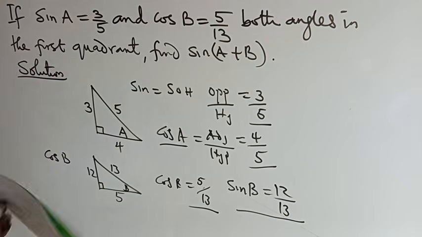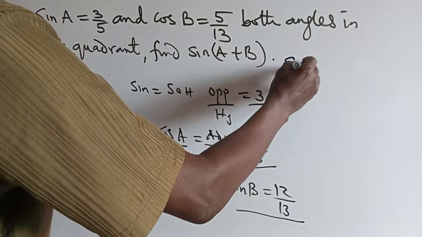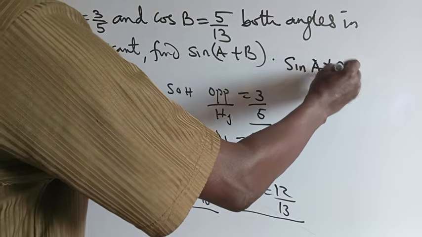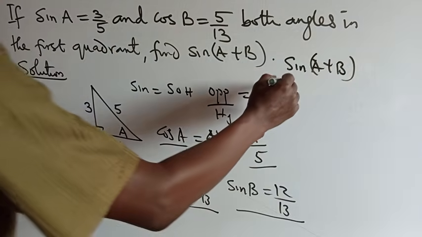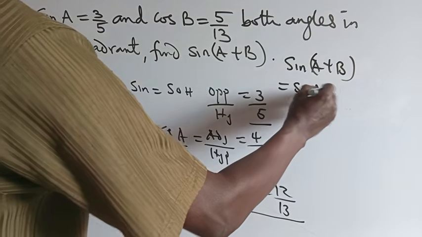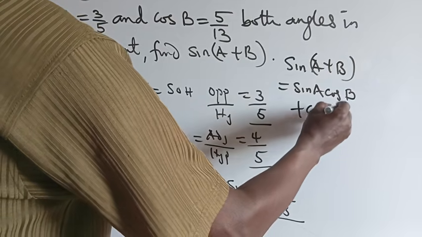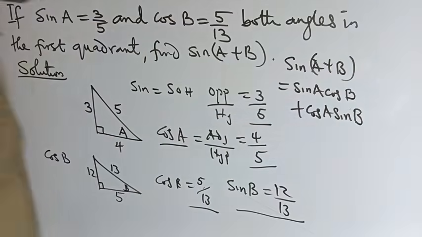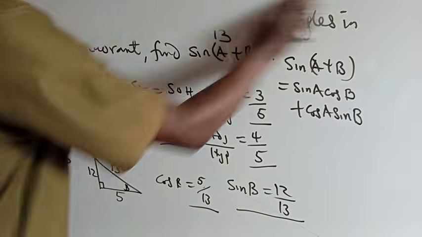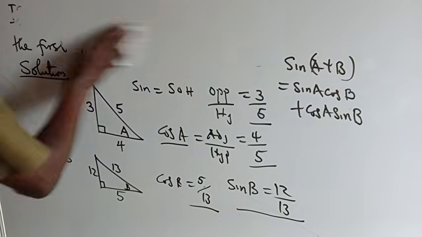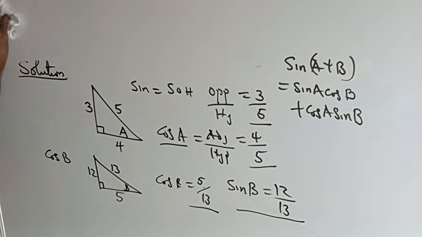Sine A plus B, which is the addition angle, is sine A cos B plus cos A sine B. I hope you can remember that very well. So let's fix it by substitution.